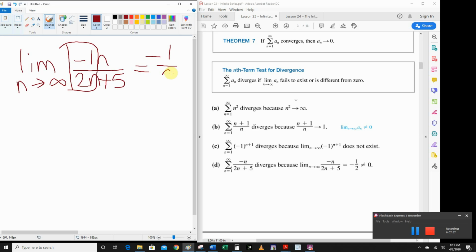So our limit is -1/2. And because that is different from 0, then that means our series diverges.